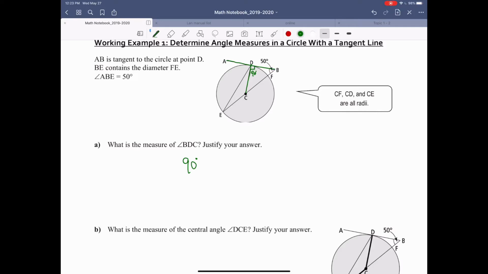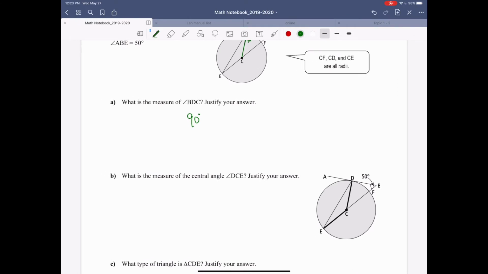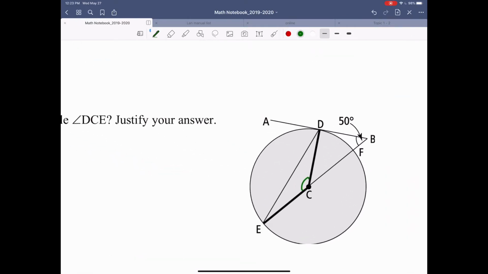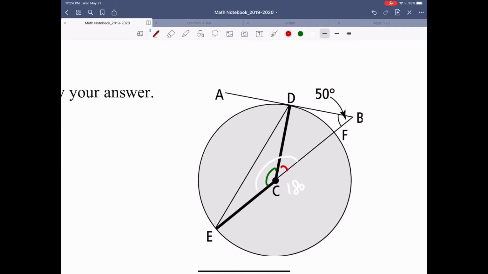So what is the measurement of central angle DCE? DCE, so this one here. How do you measure that? You can see that the red angle and the green angle add up to 180 degrees because it's a straight line. So if you know the red, you can know the green. They ask us about the green, so can we know the red?